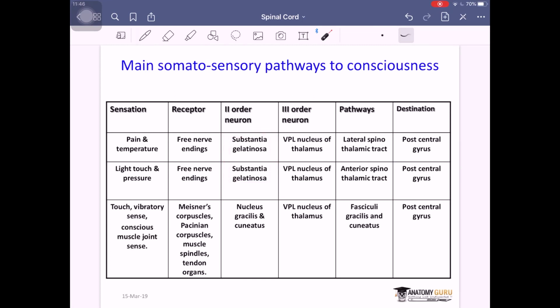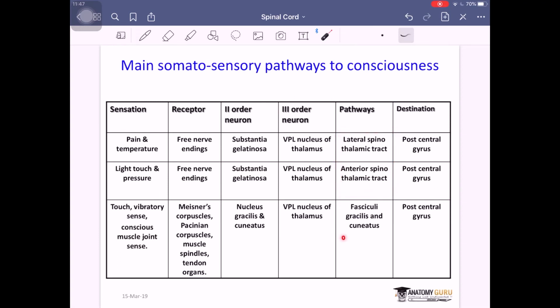So there again substantia gelatinosa, and here it is not in the spinal cord but in your medulla oblongata, where it is synapsing in the nucleus gracilis and nucleus cuneatus, and all are going to the same nucleus, ventroposterolateral nucleus of thalamus. Then these are the pathways. So this is called lateral spinothalamic, this is the anterior spinothalamic, and this is your fasciculus gracilis and fasciculus cuneatus.